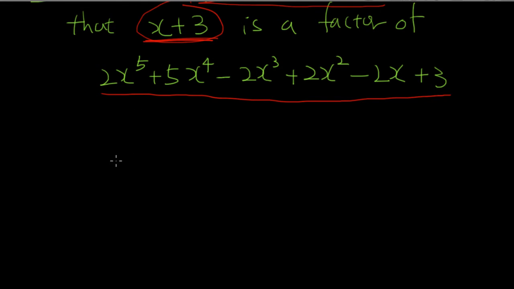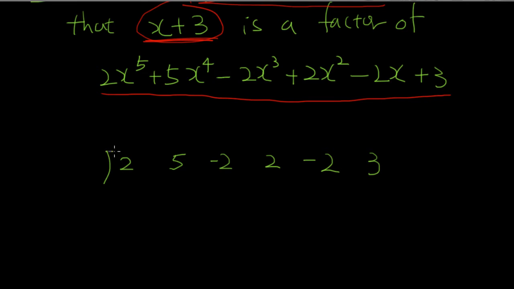So remember, we are only dealing with the coefficients. So 2 from here, plus 5 next. Remember that we do not have any missing term. We have x to the 5, 4, 3, 2, 1 and the number. So we don't really have any missing term. If we did, then we would write 0 to hold that place, right? So that's this 2, and next one should be negative 2, and the number term should be 3.